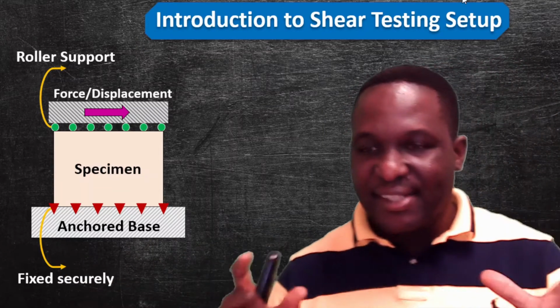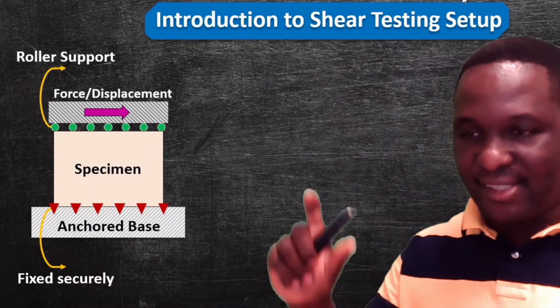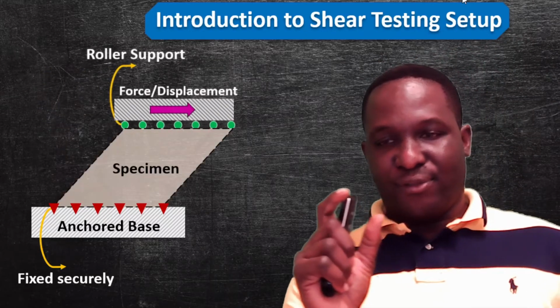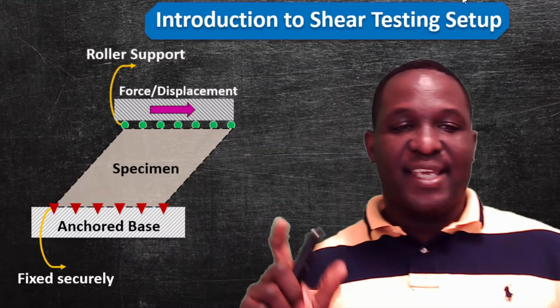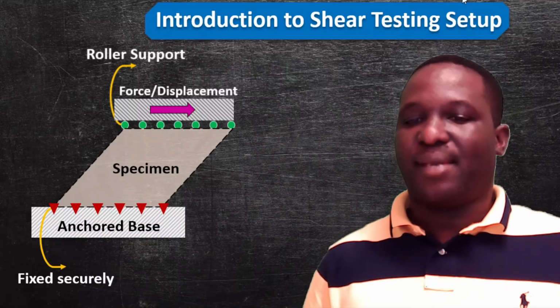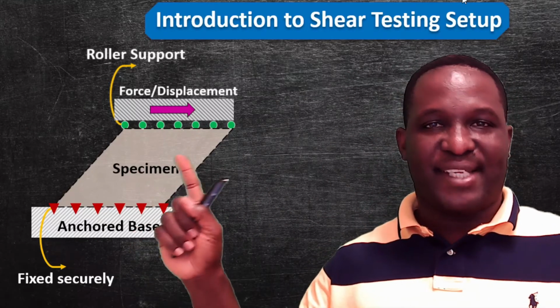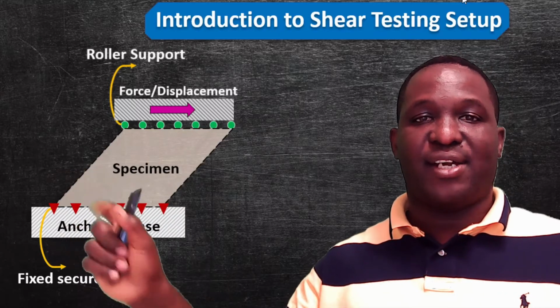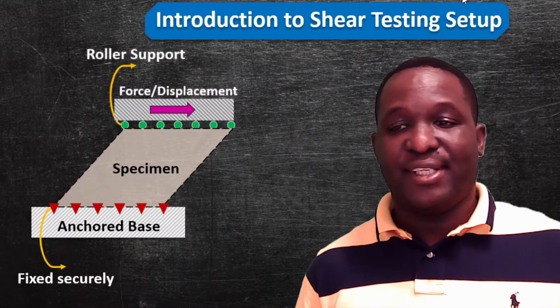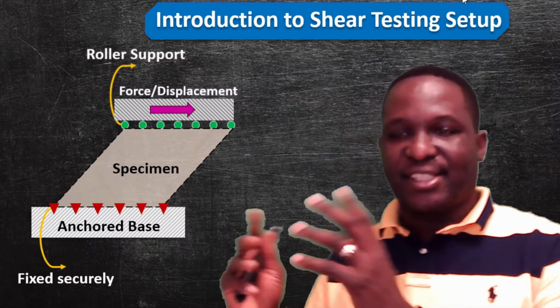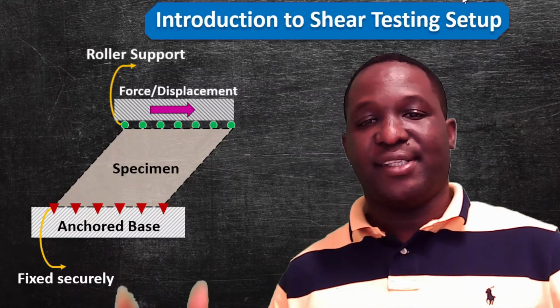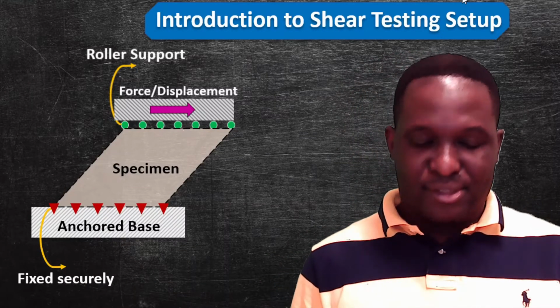This is a classic design of a shear test setup. Now, what happens? The top end has to deform, giving this sheared shape to our specimen. So we have a specimen that looks like it is in shear, creating an angle at this point, which is the angle of the shear specimen during the deformation. This is what a shear test setup has to be. Whatever kind of test setup you're using, it will always have this structure.